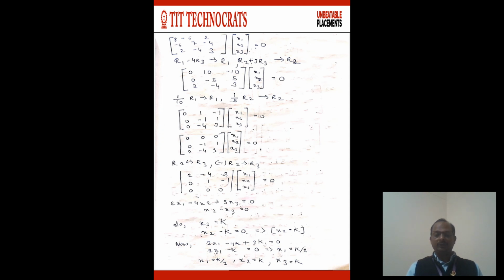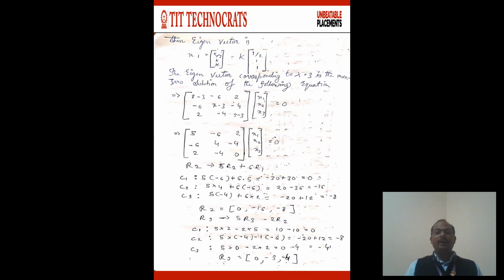You can choose any one; here I have chosen k. So x3 equal to k, then we get the value of x2 in terms of k. By putting the values of x2 and x3 in terms of k, we get the value of x1 also. So x1 is k by 2, then k and k, and we can keep k as a common factor. That is 1 by 2, 1 and 1. So this is the eigenvector of the matrix for lambda equal to 0.